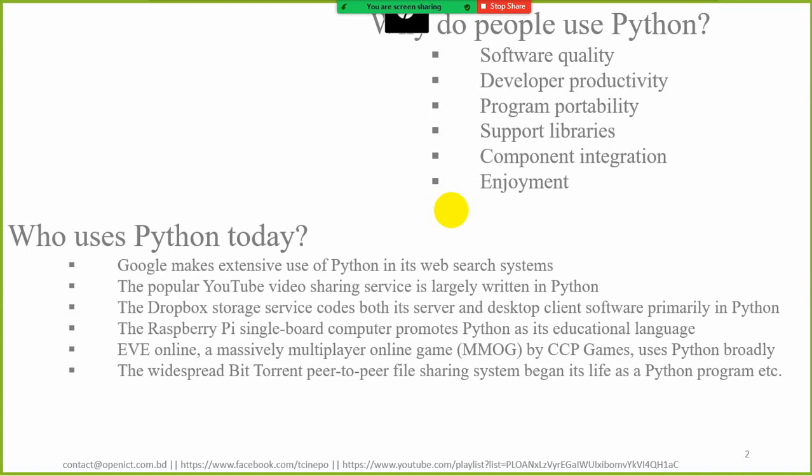So another question you can ask: who uses Python today? Google uses it for web searching. Another Google product, YouTube video sharing, also uses Python. Dropbox storage, Raspberry Pi, EVE Online games, and BitTorrent peer-to-peer file sharing.